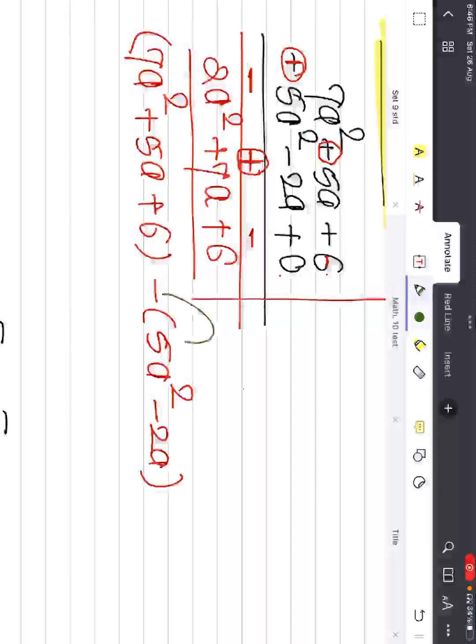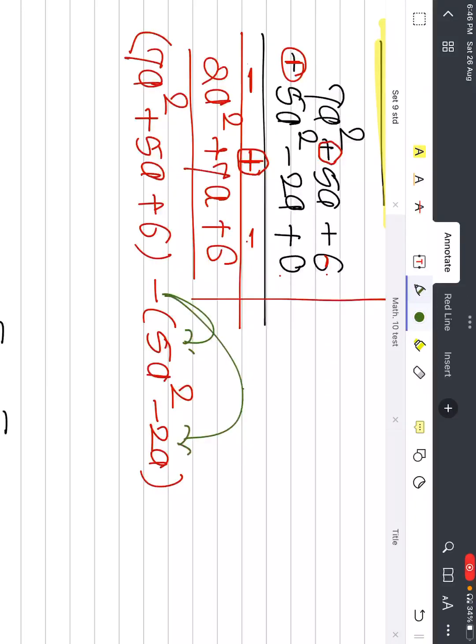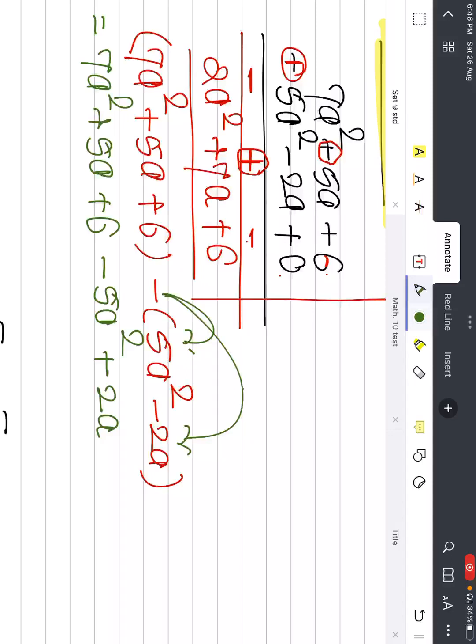So this sign which enters into this bracket becomes a minus. Similarly, the minus will interact with this minus 2a, so it becomes a plus. So write down here: first term as it is, 7a square plus 5a plus 6 minus 5a square plus 2a.